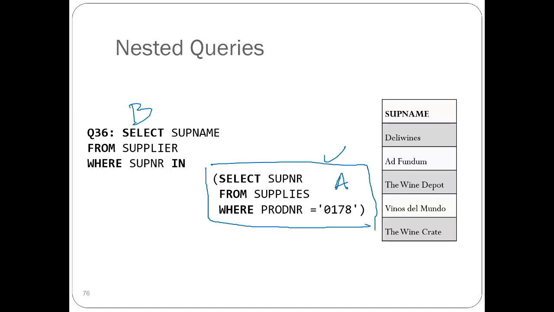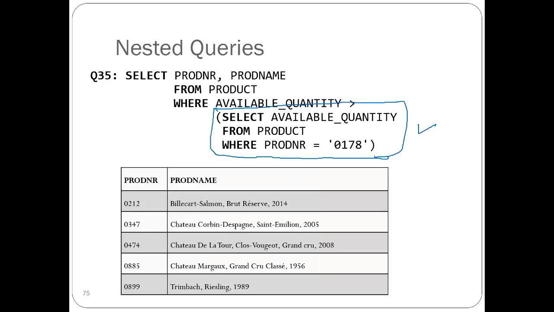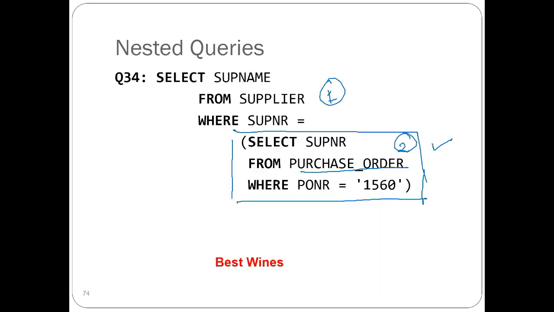From the supplier table, you will only return those supplier names whose supplier number happens to be in this list. The only interesting thing in this query versus the other one is, first the result, and the use of the keyword IN. We are not using an equal or greater than kind of condition. Good.